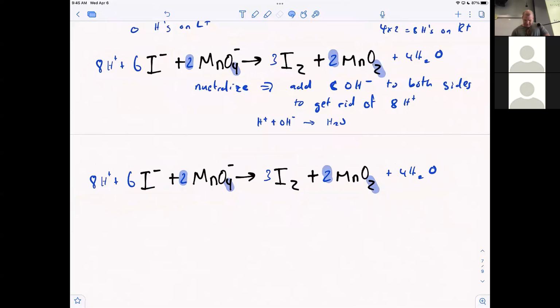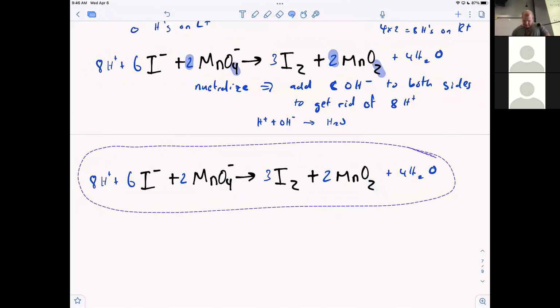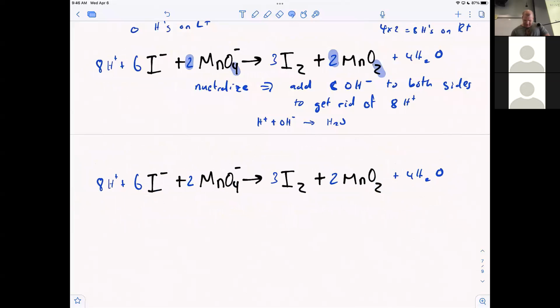So let me get rid of, so we need to add 8 OHs to both sides. No, I'm getting out of space. Shoot.